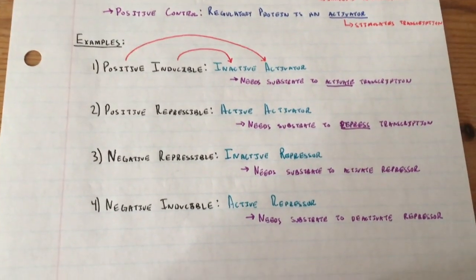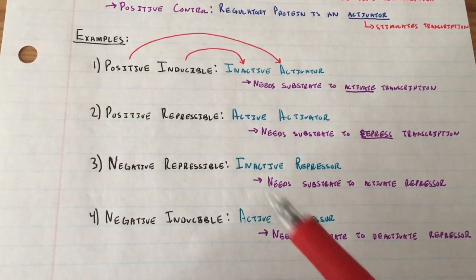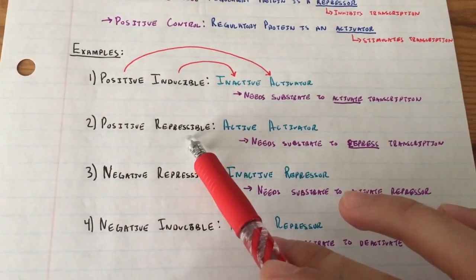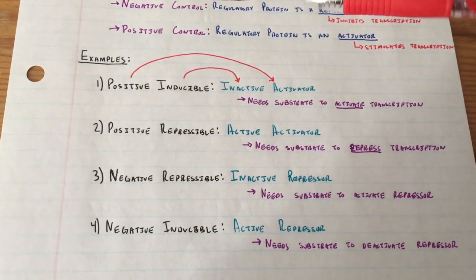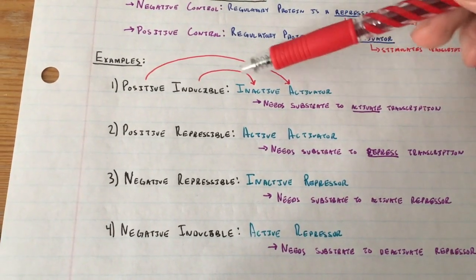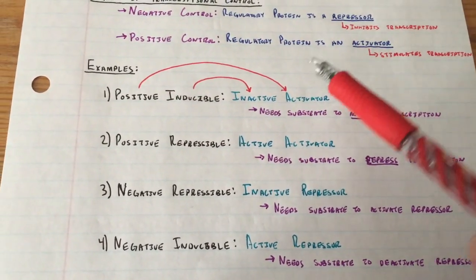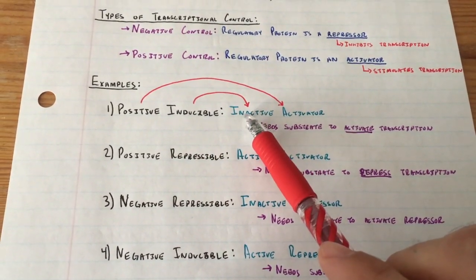Okay, so here are some possible ways of control: positive inducible, positive repressible, negative repressible, and negative inducible. These are the regulatory proteins that are created by these types of control. With positive inducible, we know it's inducible, so it's going to be inactive.